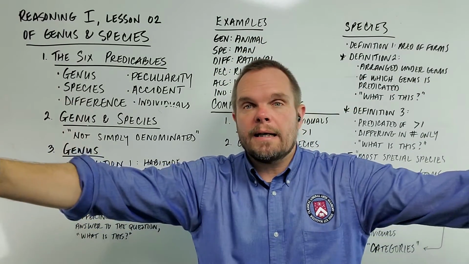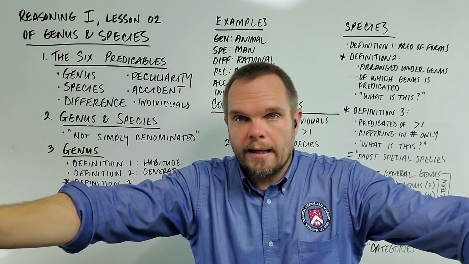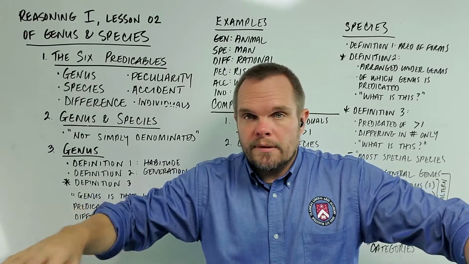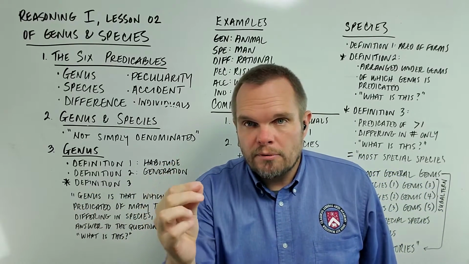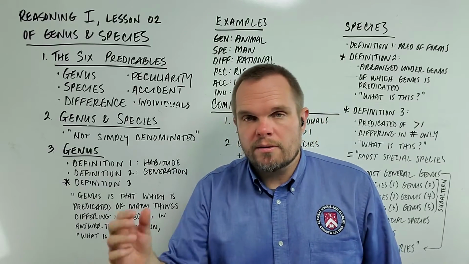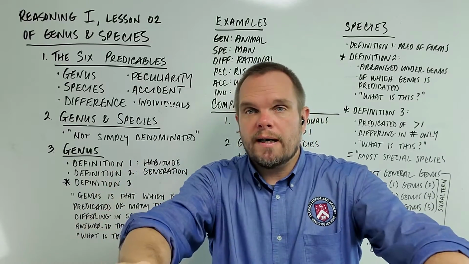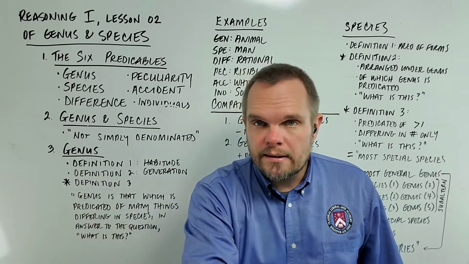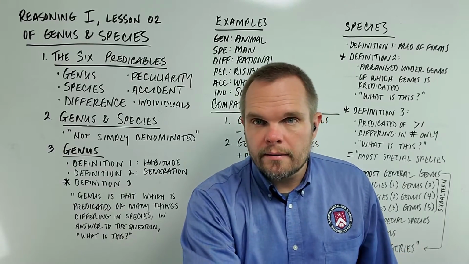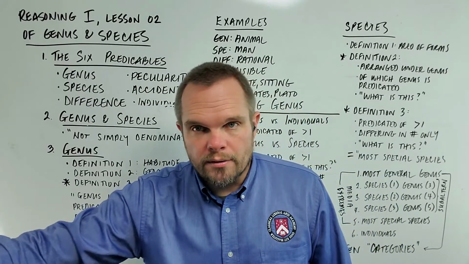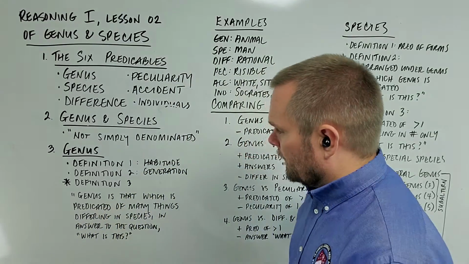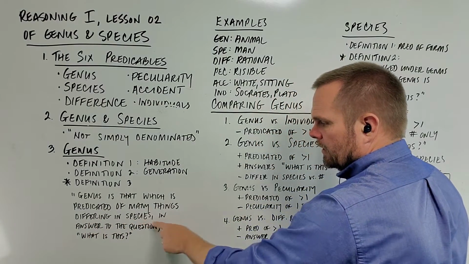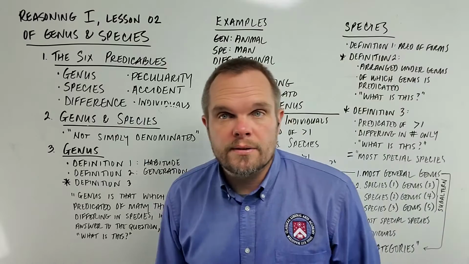If you were to take all of the animals, everything that you can name animal, and bring them all together, we can divide them not just into individual objects like Socrates, Plato, and so on, but we can first divide them into groups, species. One of the species of animal will be man. Another may be fish, birds, and so on. Animal is predicated of many things, things which differ in species, and answer the question, what is this?